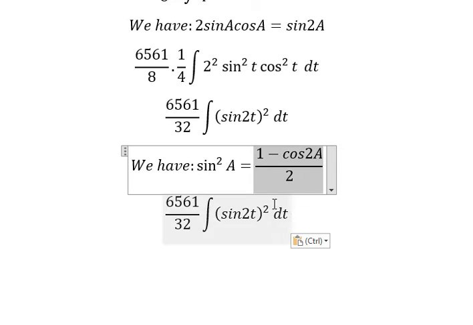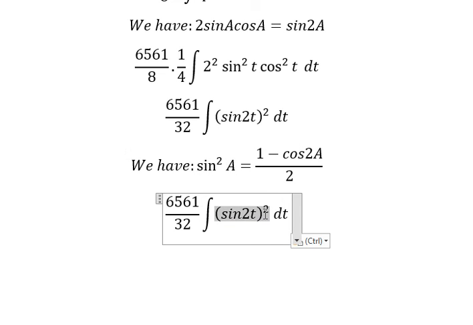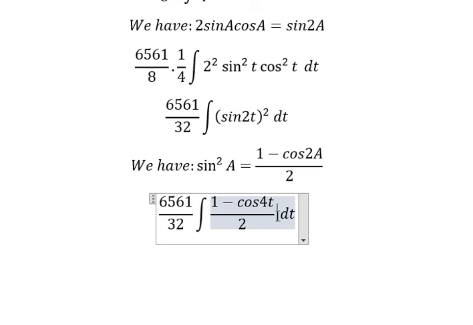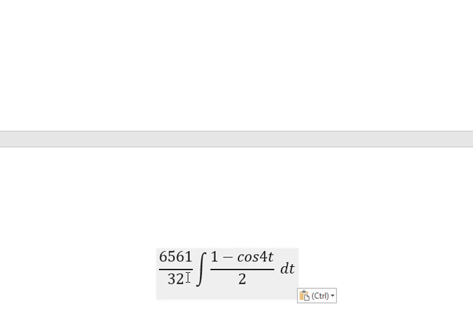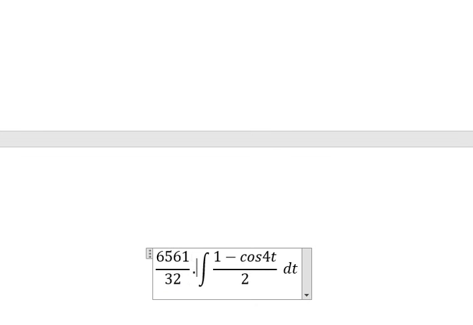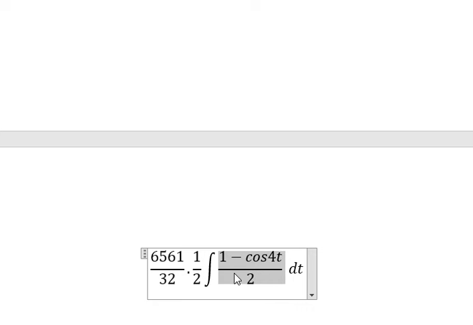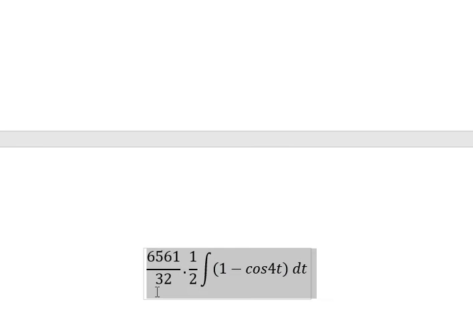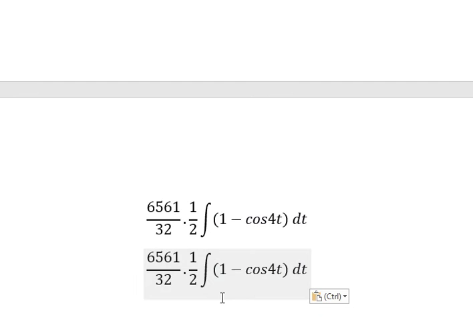If we put this one, you get 1 minus cosine 4t over 2. And now I will put number 2 outside. This one you get 64.